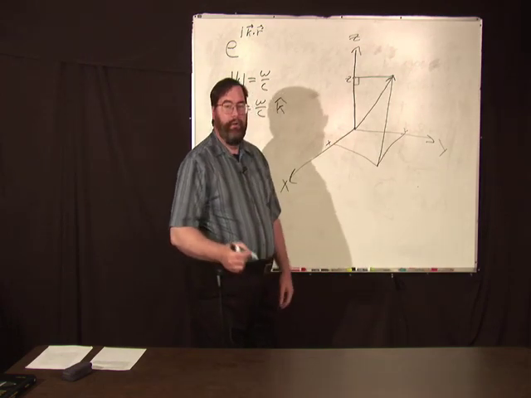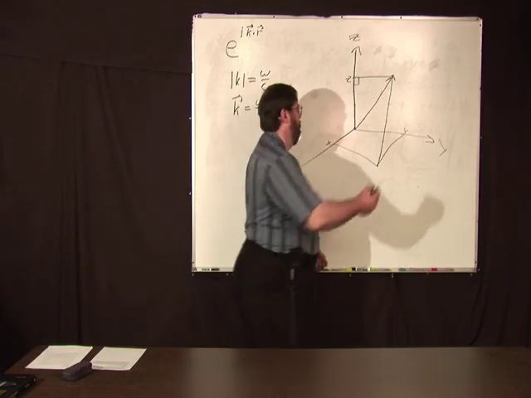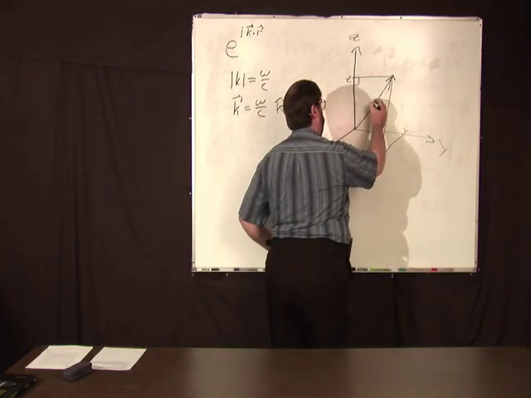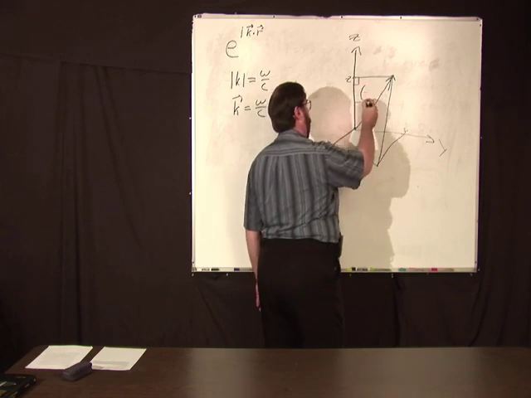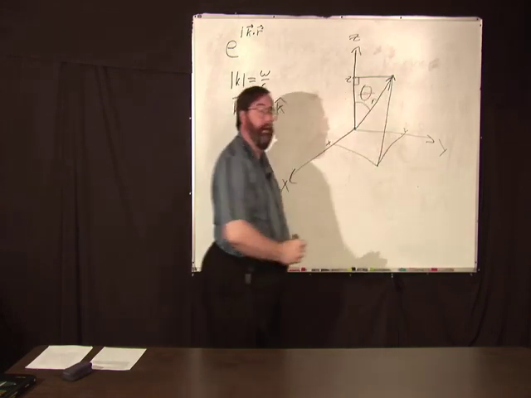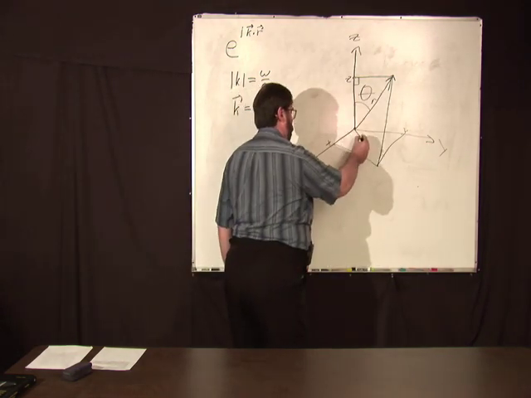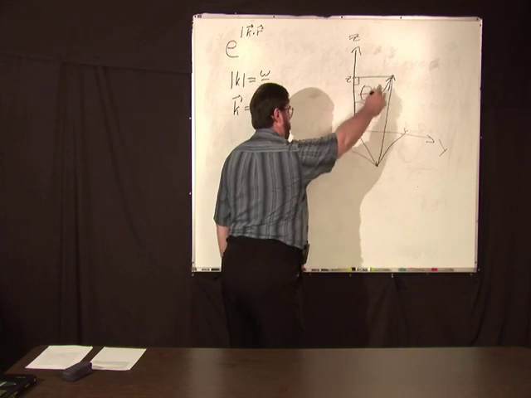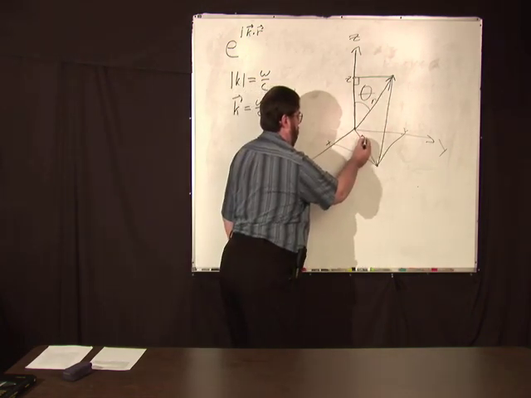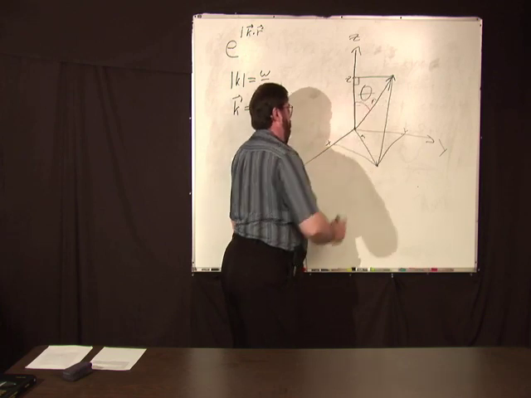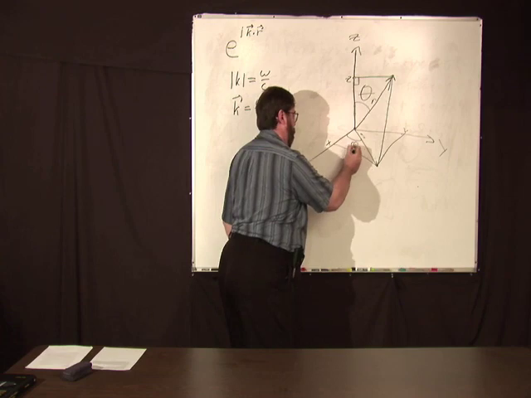Okay, there's also something called spherical coordinates that you can describe a vector by, where its length is r, and the angle between the z-axis and the vector is called theta, and the angle between the x-axis and the projection into the xy plane of the vector is called phi.